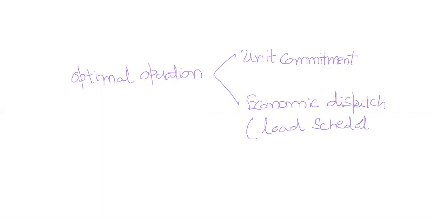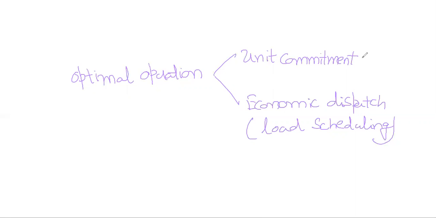In a thermal power plant, there will be a number of units for operation. Running all the units all the time is not economical. So keeping in view the load demand, some of the units may be operated and some should not be operated.